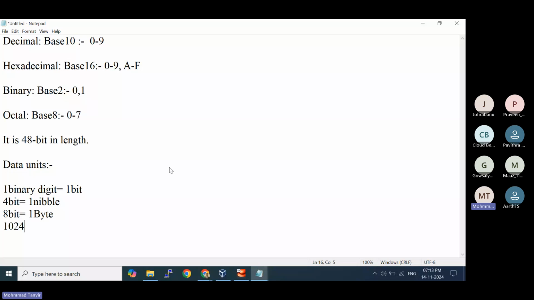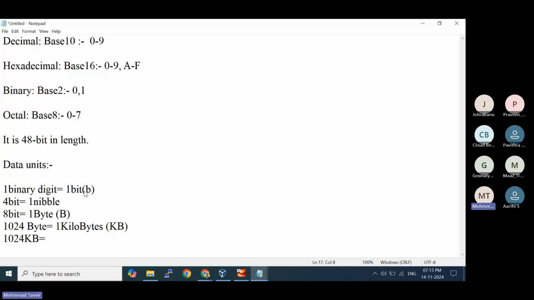Then 1024 bytes equal 1 kilobyte. Bit is represented with a small b, and byte is represented with a capital B. Similarly, kilobyte is represented as KB, and so on.